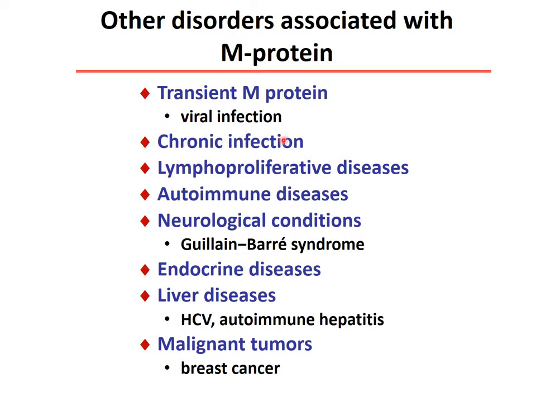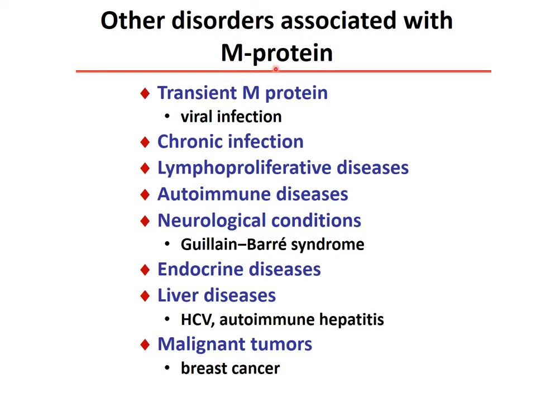Or chronic infection or lymphoproliferative diseases such as CLL can cause a little M band. Or autoimmune disorders and autoimmune neurological conditions such as Guillain-Barré syndrome. Certain endocrine disorders, liver disease, especially autoimmune hepatitis or hepatitis C viral infection, and certain tumors, for example breast carcinoma, can cause a transient M protein presence in the blood.